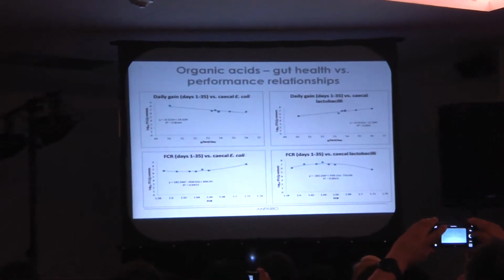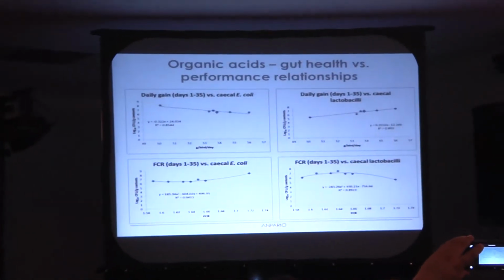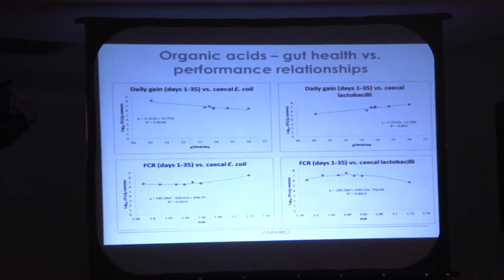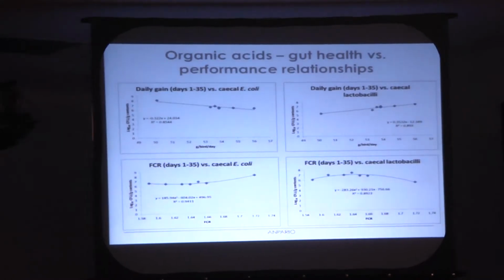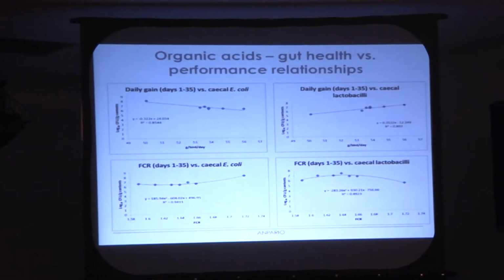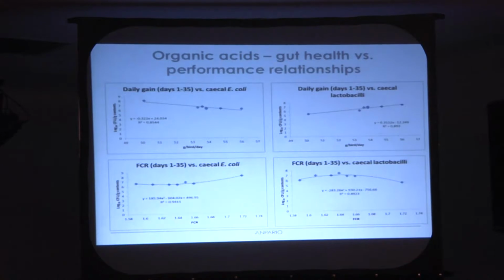Now, these are correlating the treatment means, and what I'll do next is correlate the replicates. But in essence, it indicates that there is a difference in terms of the performance you might see if you change cecal E. coli.